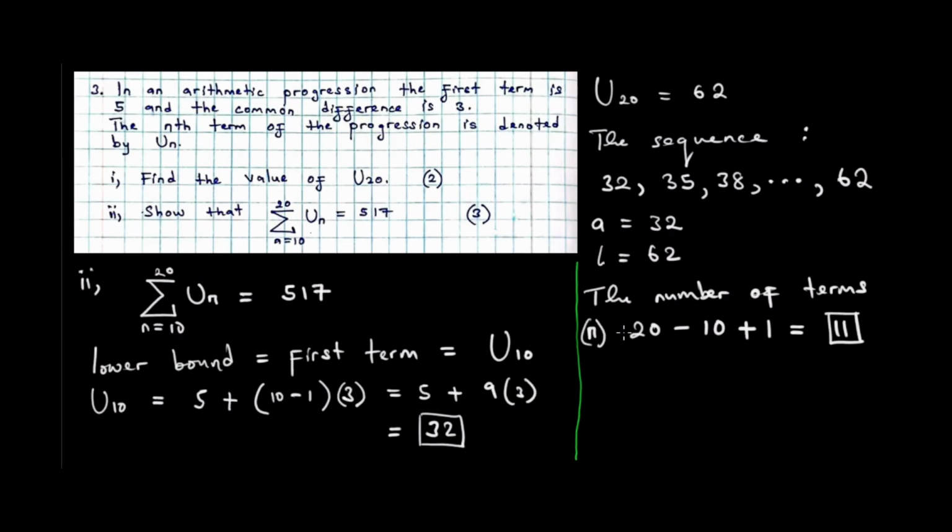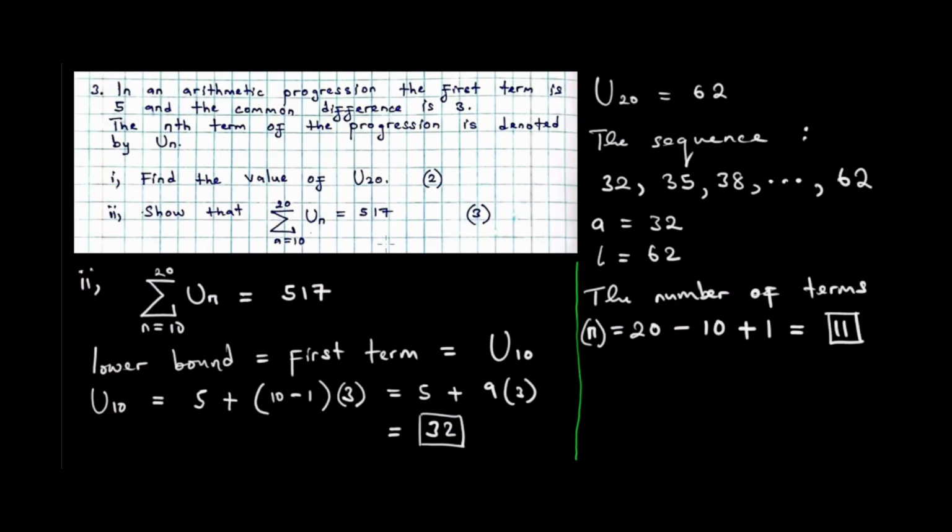The number of terms n is equal to 20 minus 10, but you add plus 1. You only add plus 1 when your lower bound is not 1. So what distinguishes the situation where the lower bound is 1 is that, when looking for n, the number of terms, we then add plus 1.